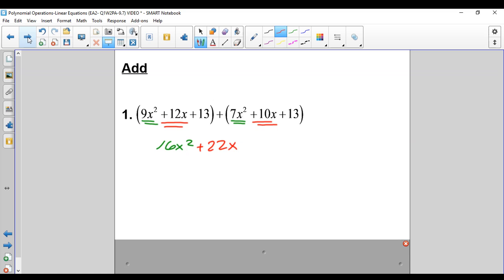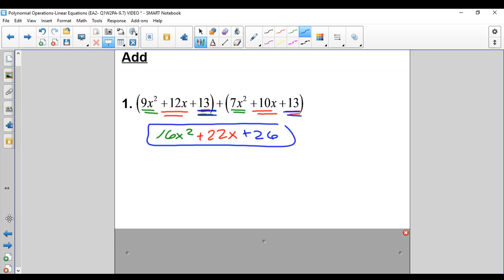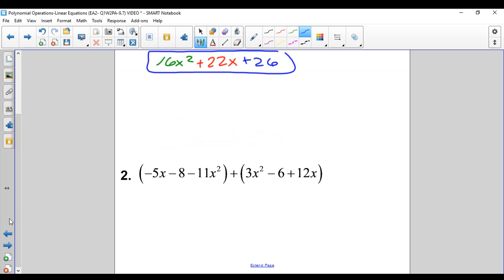And then I have 13 plus 13, which is 26. And there's our answer. Now, not all problems are always laid out nicely like that one.